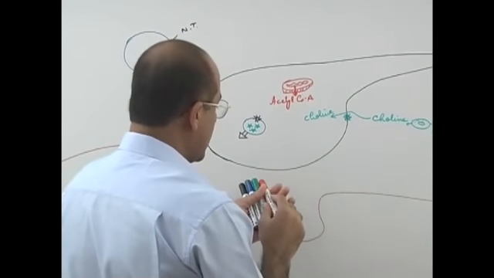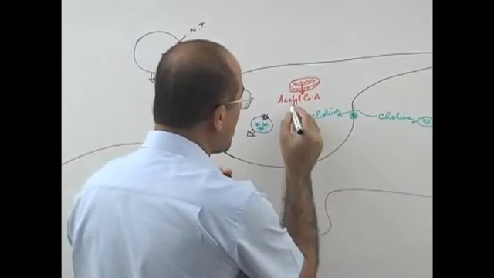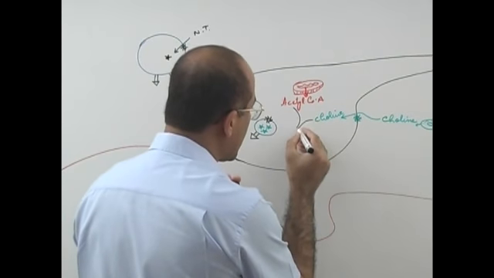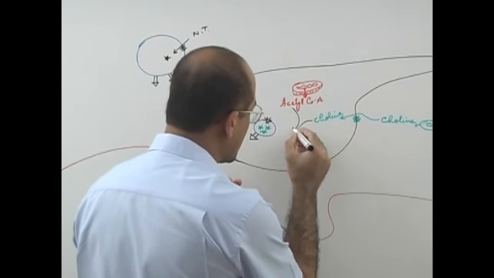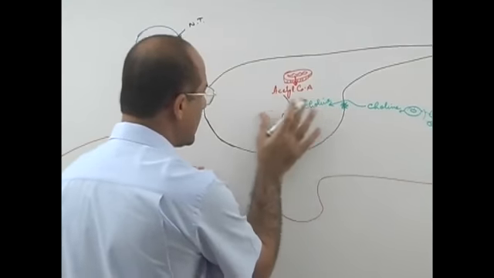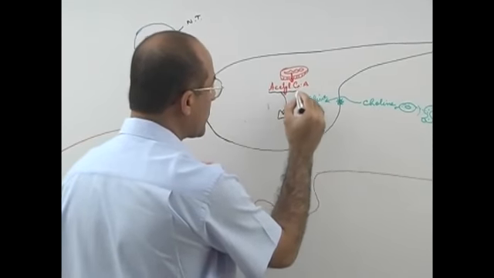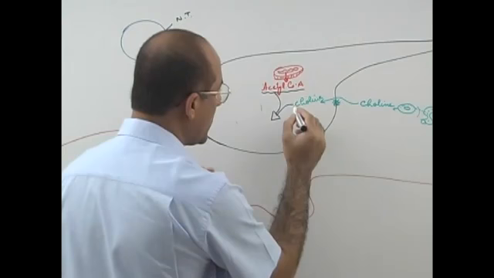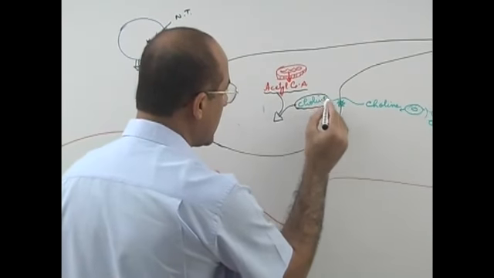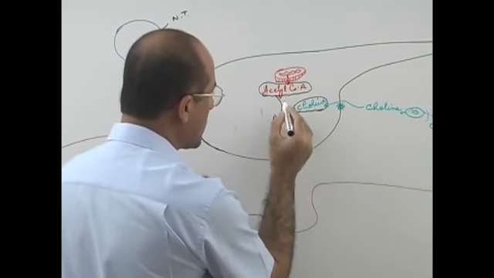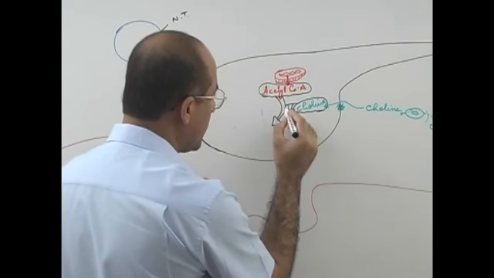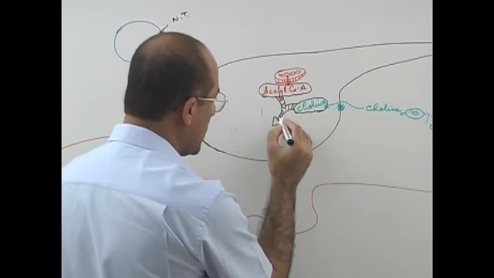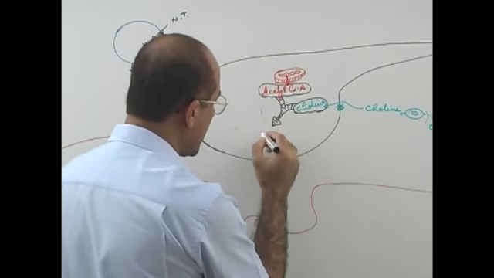Then this acetyl-CoA and choline are put together and fused, and when they fuse together they make a molecule, and that molecule is called acetylcholine.